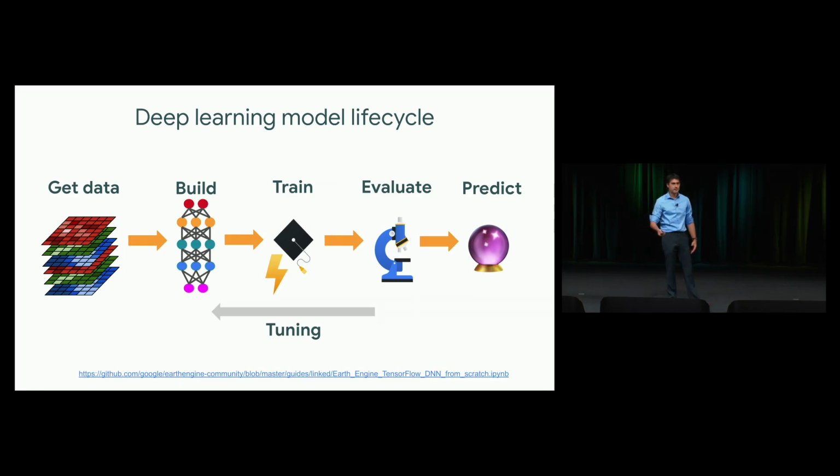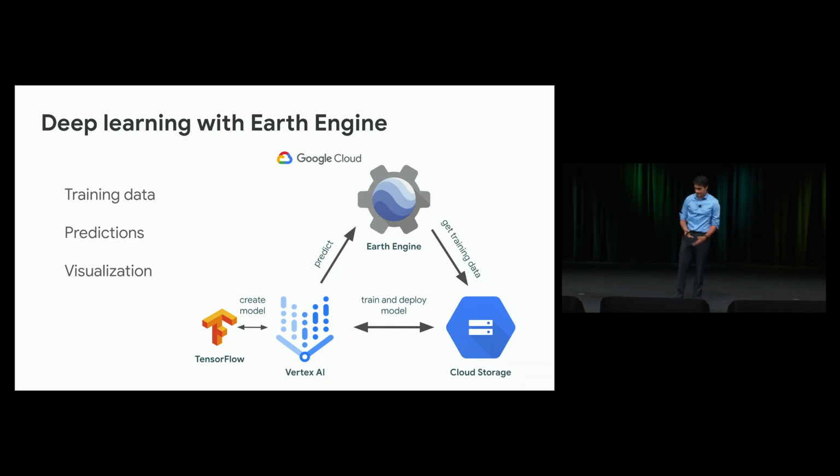And at this point, you determine, okay, do I need to tweak some things? You might do what we call hyperparameter tuning, but it's essentially just saying, I'm going to change some things about the model. Or maybe you have to re-architect the whole thing from scratch. Or maybe you have to get entirely new data. I don't know. But the point is, you're going to do this cycle of building, training, and evaluating. And then when you're done, you do your predictions and hopefully materialize something as a map of some sort.